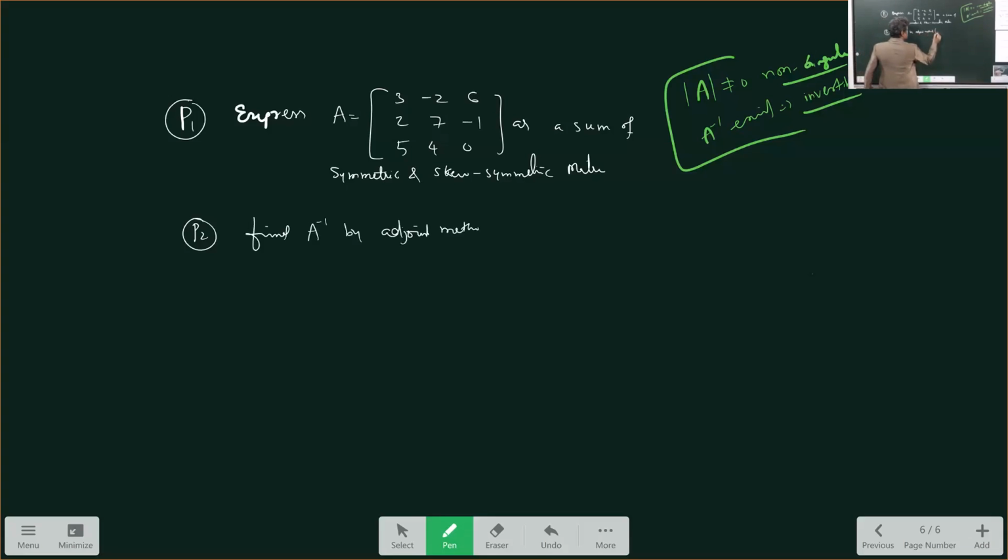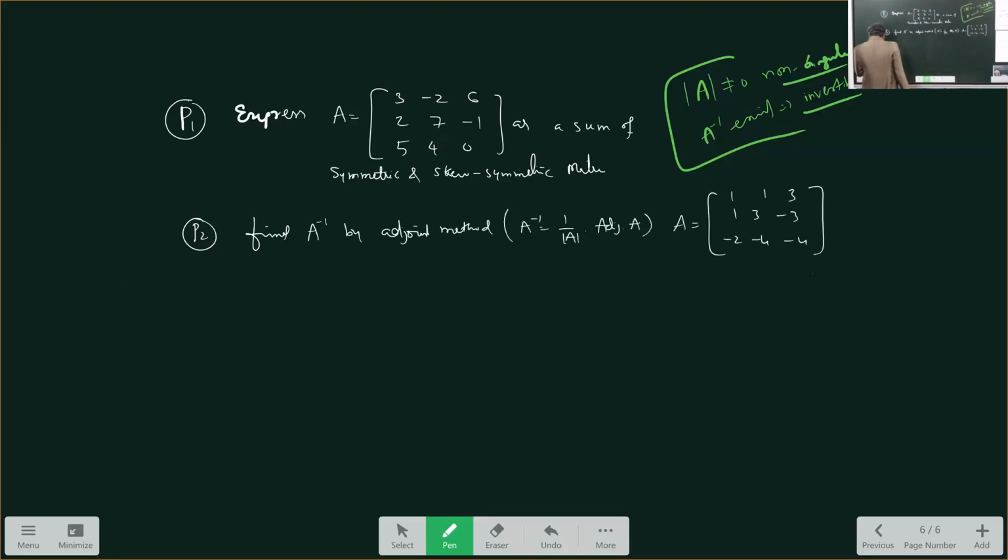That means you need to use A inverse is equal to 1 by determinant of A into adjoint of A. So use this formula where A is given by, please remember that the determinant should not be 0. So it is 1, 1, 3, 1, minus 3, 1, plus 3, minus 3, and minus 2, minus 4, minus 4.